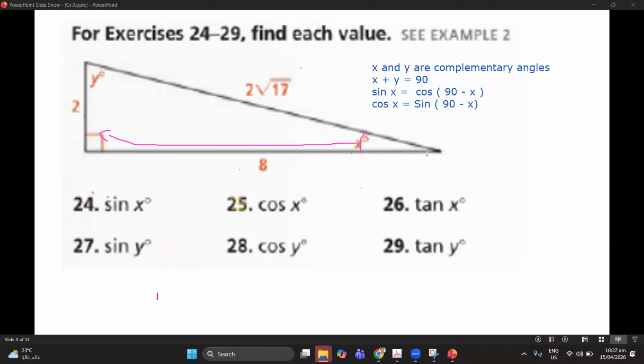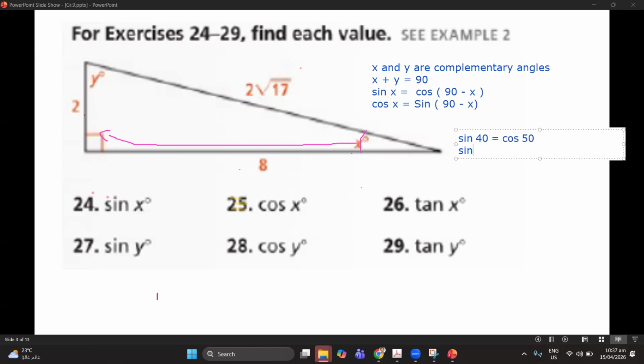I'll switch sine with cosine, then ask myself which angle is complementary with 40, which is 50, and subtract 90 minus 40, which gives me 50. So the sine of 40, try it in your calculator. Try sine 40, try cosine 50, you will find them equal.